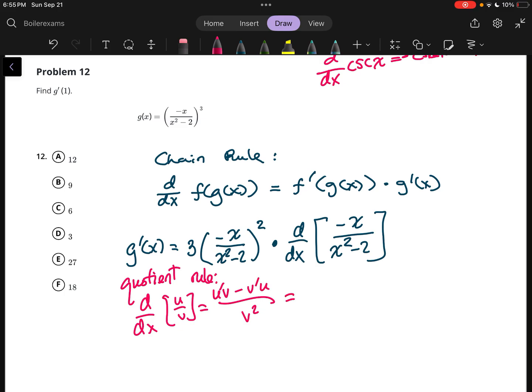That's what we have in our problem essentially. u is negative x and v is x squared minus 2.